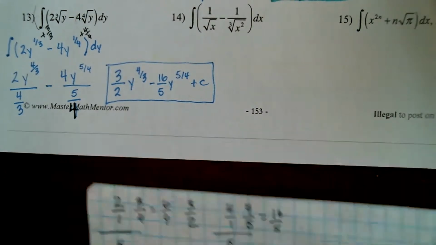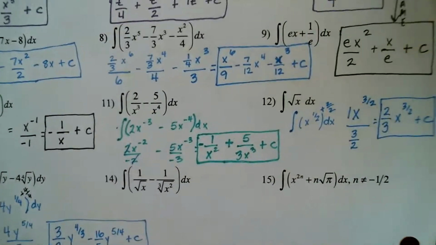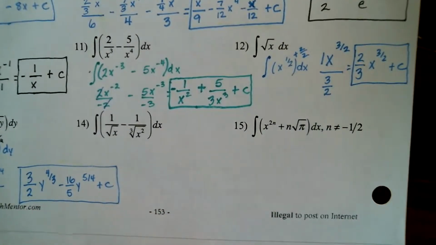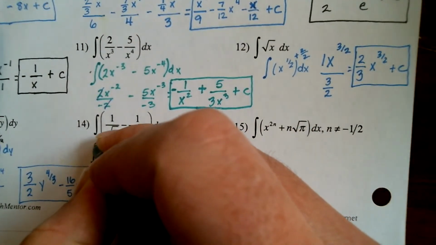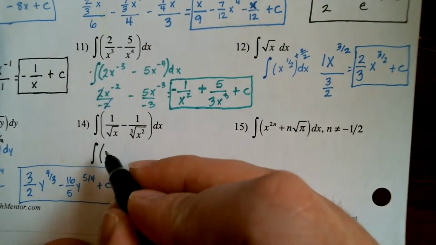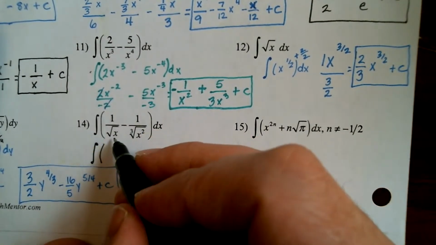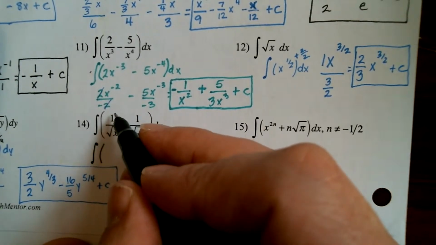All right. Jump into 14. So we need to write that a little bit different. So I'm going to write it as the integral of, that would be, if you think that's 1 there, we flip, that's x to the 1/2, flip it up.